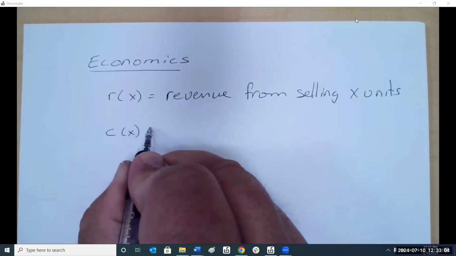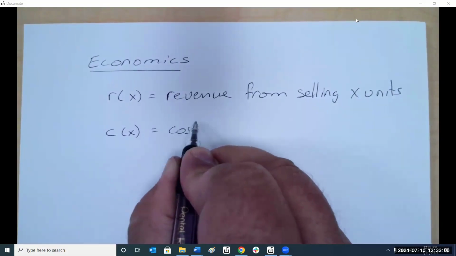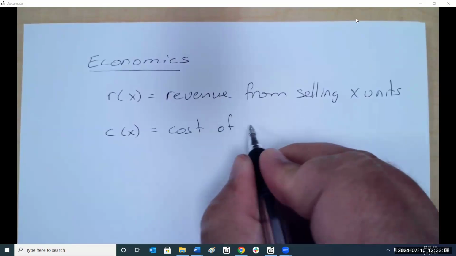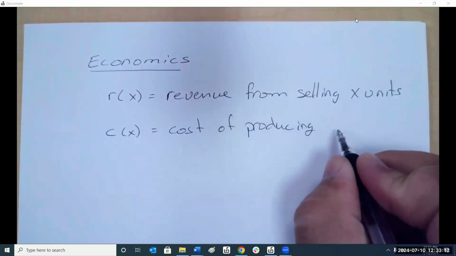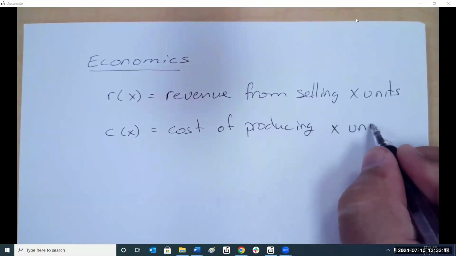C of x is the cost of producing x units.